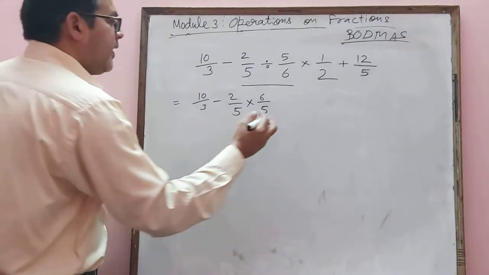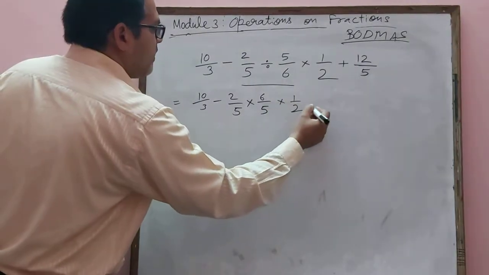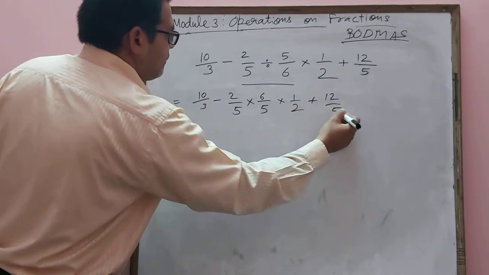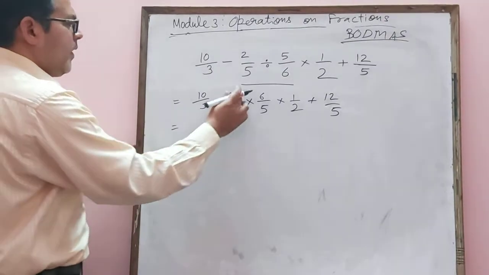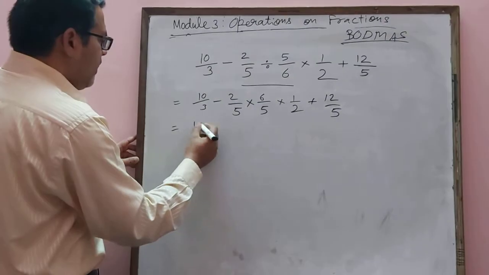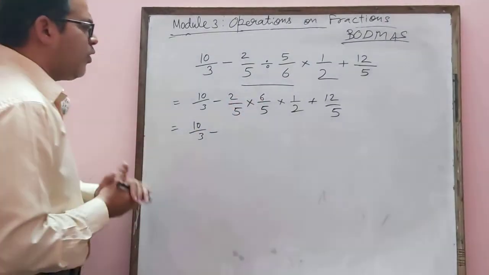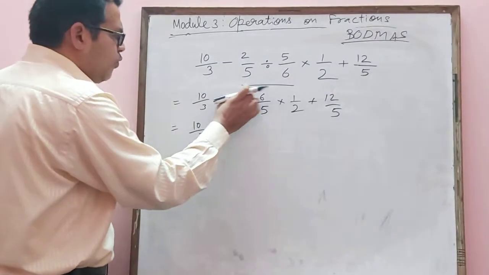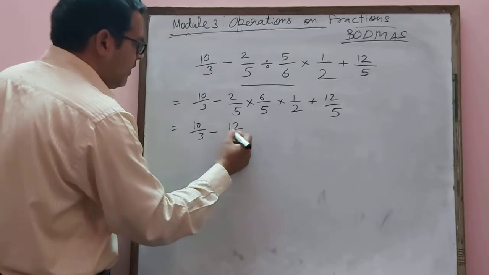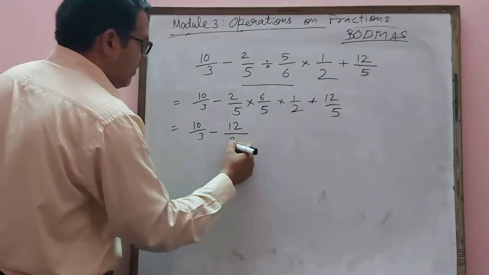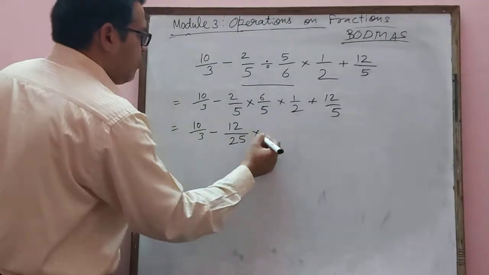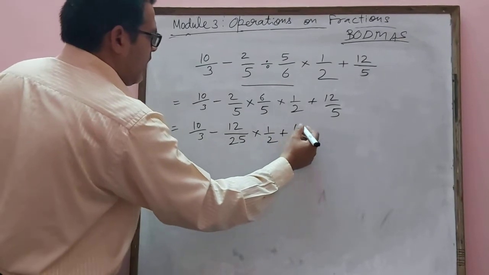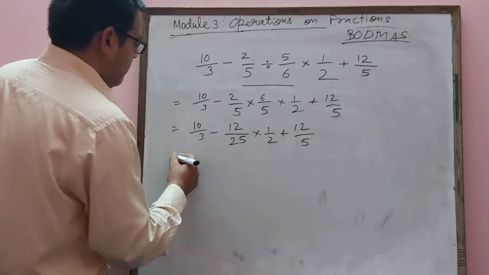The rest we write as it is. We can't minimize it, nothing is common. So we multiply 2 with 6, 12, and 5 with 5, 25, into 1 by 2 plus 12 by 5 as it is.